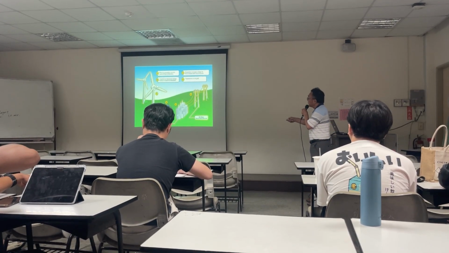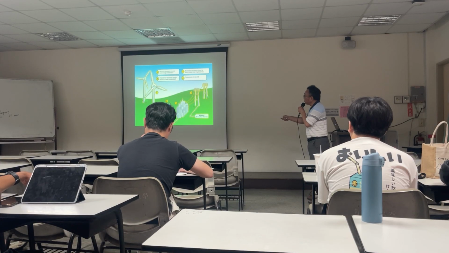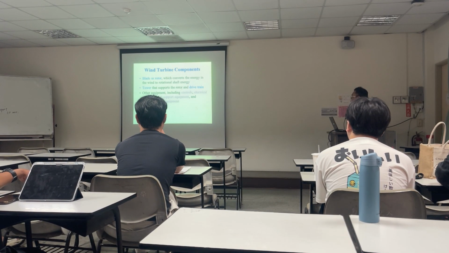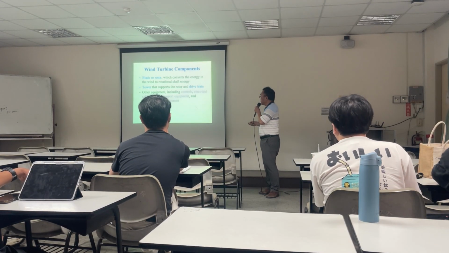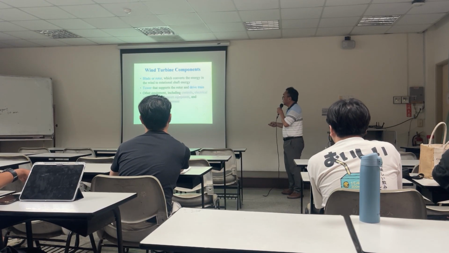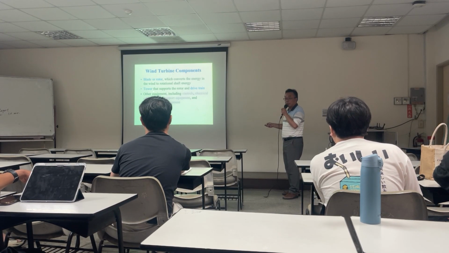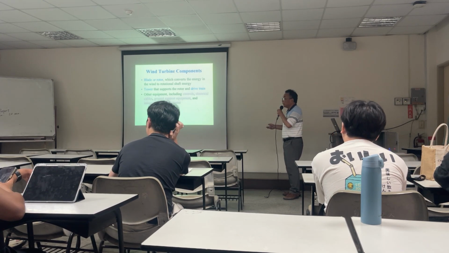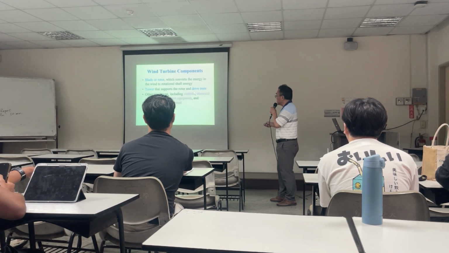Here is the rotor, and this is the drivetrain. And for a wind machine, we also have other equipment like the control system, electrical cable, ground support equipment, and interconnection equipment. Later, we will give a more detailed description of this equipment.